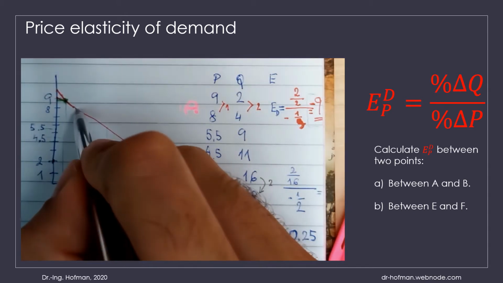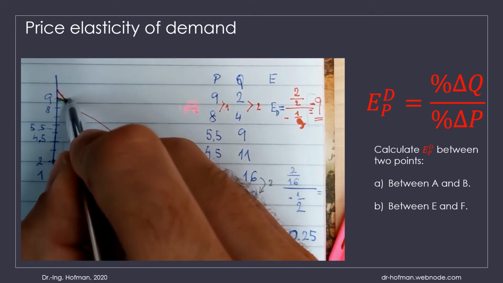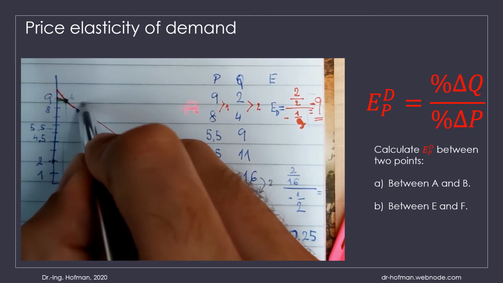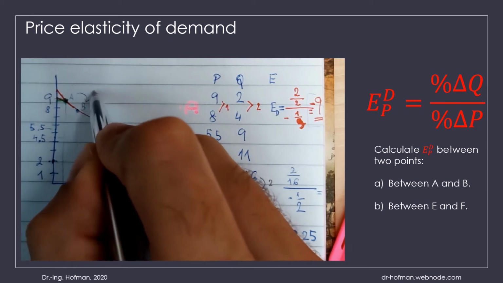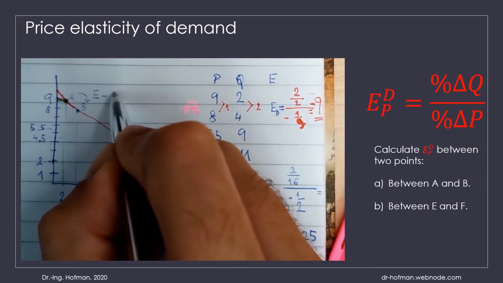Here you go from this point A to the point B. It was elasticity minus 9.